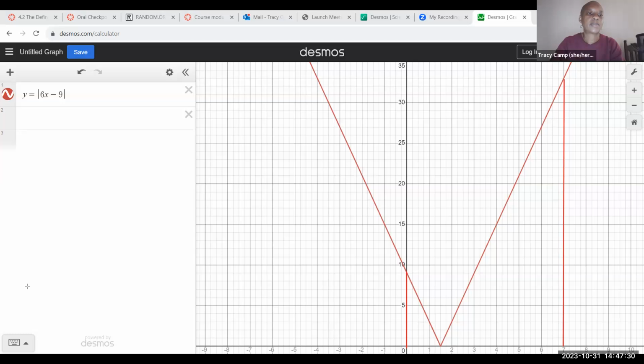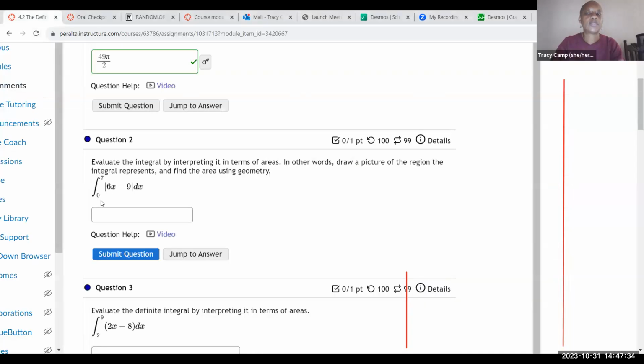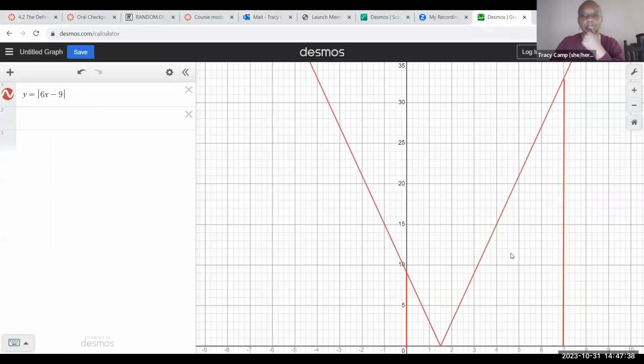So going back to the original problem, 0 to 7, I start at 0 and I end at 7, which means my job right now is to find the area under here. So basically the area of this smaller triangle here.